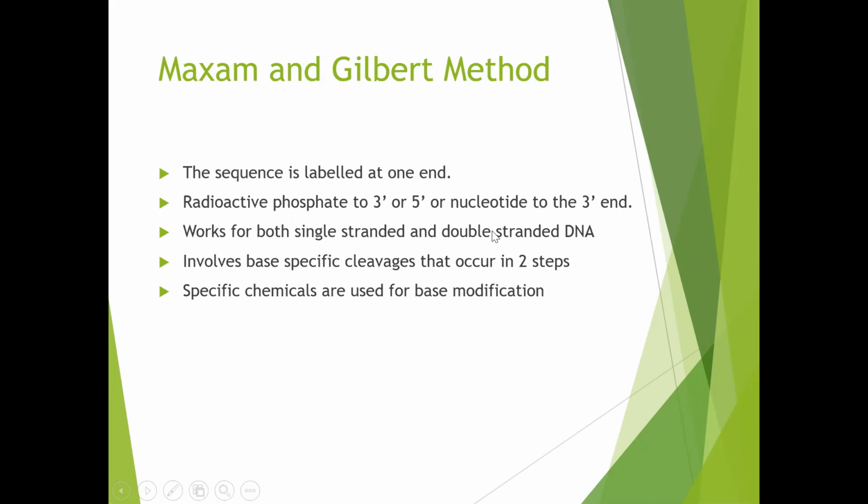If it is a radioactive nucleotide we are using for labeling, in that case it is labeled at the 3' end. If it is radioactive phosphate we are using for labeling, it can be labeled either at the 3' end or 5' end. This Maxam and Gilbert method works for both single-stranded and double-stranded DNA.